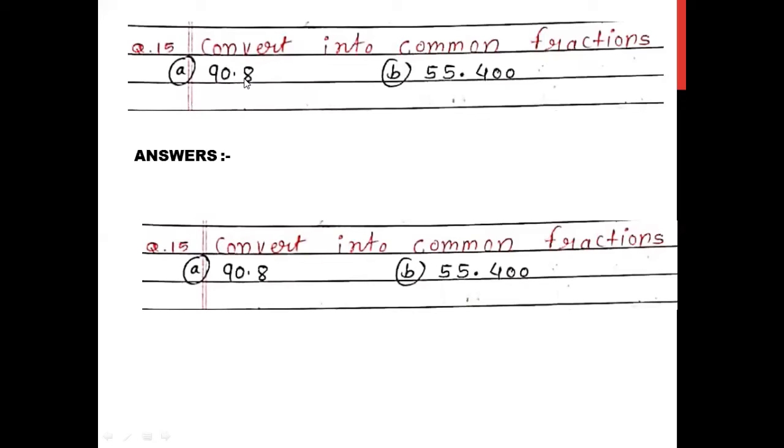So you have to know how many decimal places are here? 1. And how many decimal places are here? 3. That's why when you want to convert the decimal fraction into common fraction, you have to know the decimal places. If you have the knowledge of decimal places, then easily you can convert these numbers into common fractions.